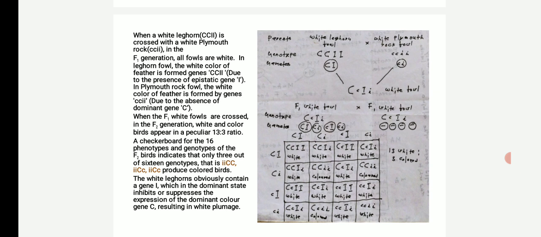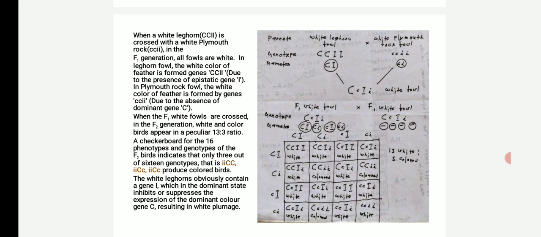A checkerboard of the 16 phenotypes and genotypes of the F2 birds indicates that only 3 are colored out of 16 genotypes, that is small i small i, capital C capital C, small i small i, capital C small c, produce colored birds.